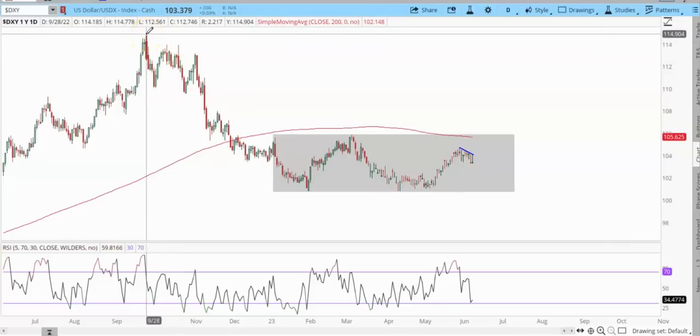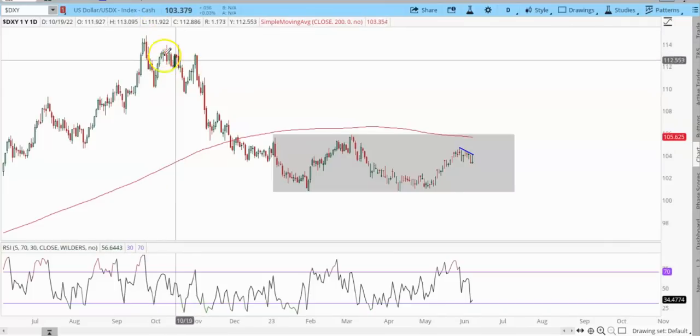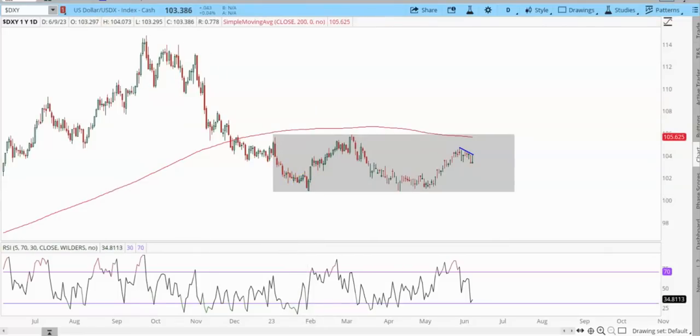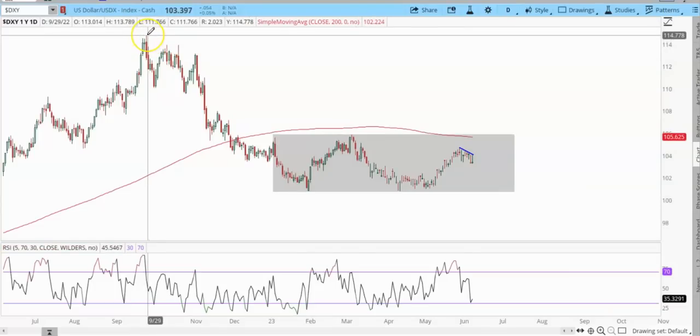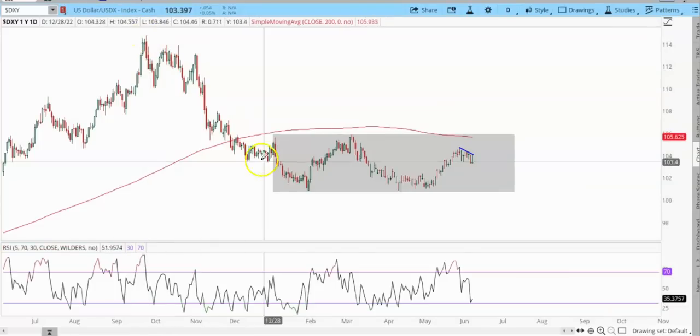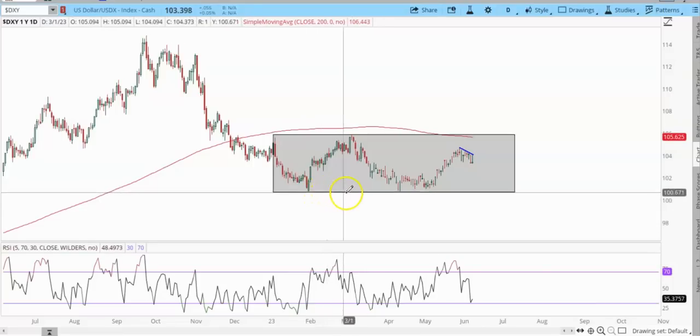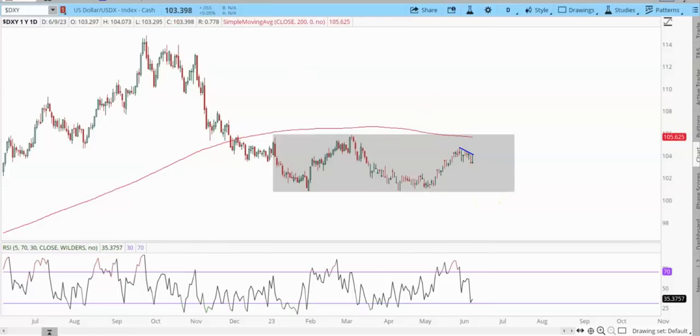So the move down into this box was just half of the move. This was roughly a 15-point move from the top to the bottom of this box. If we get another 15-point move when we break down out of the bottom of this box, that would imply a move down to somewhere around 85 or 86 on the dollar index.